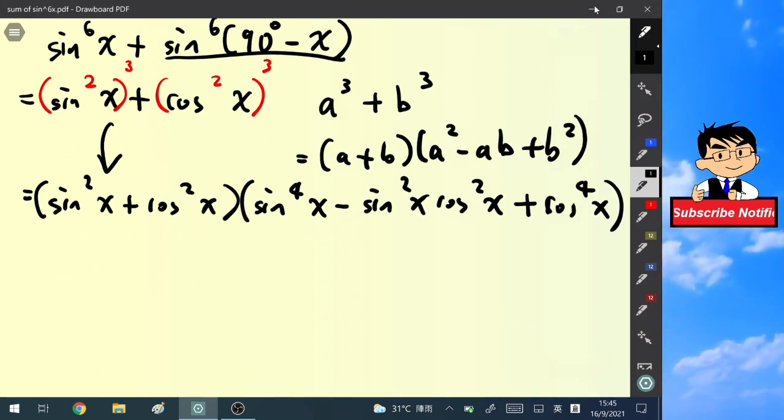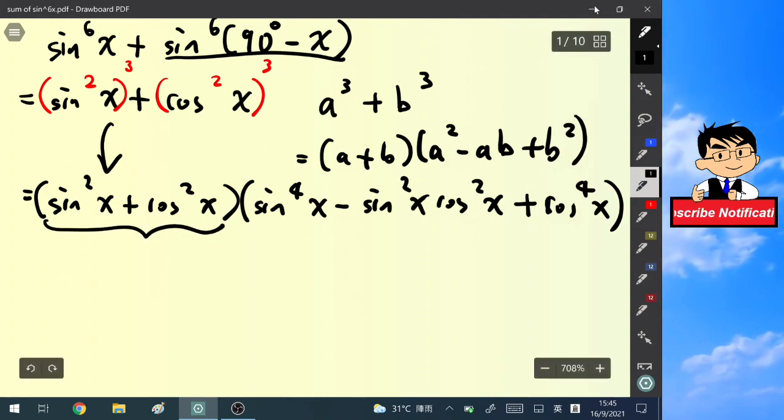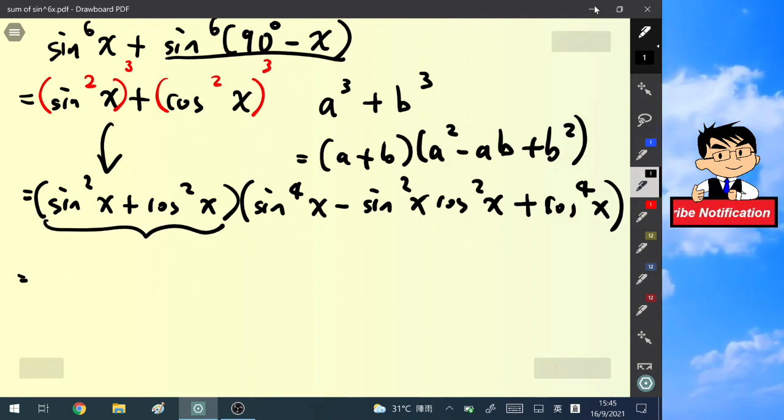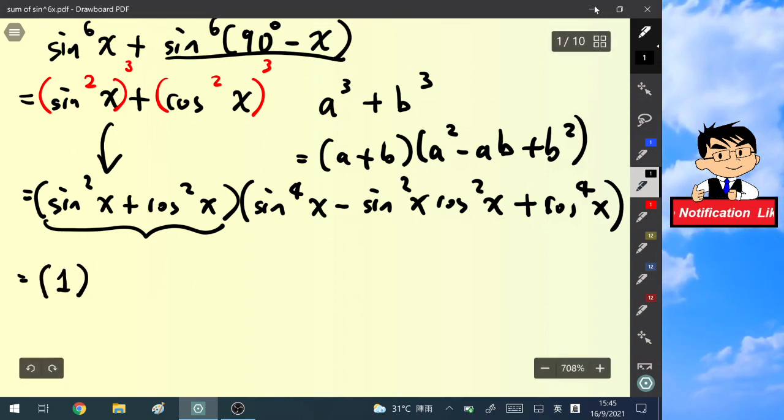Then we have a very nice expression here: sine square x plus cosine square x, which is equal to 1.